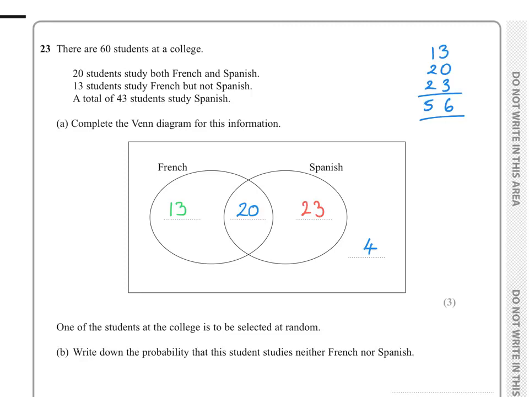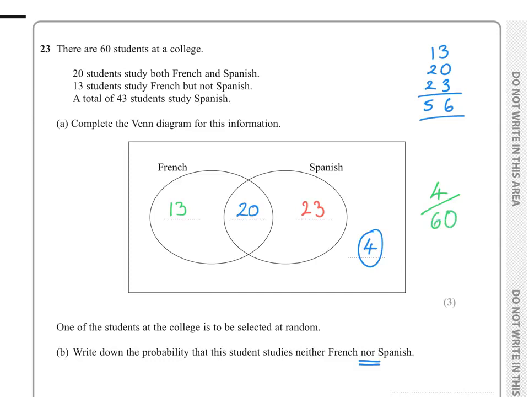Write down the probability that this student studies neither French nor Spanish. Well, that's not too bad then, because if you don't study French nor Spanish, you'd be in this situation, which would mean that your probability would be, and I write it just here, 4 out of the total, which is 60.